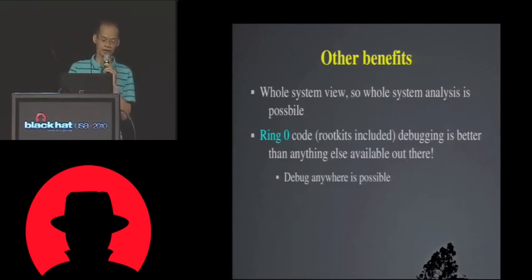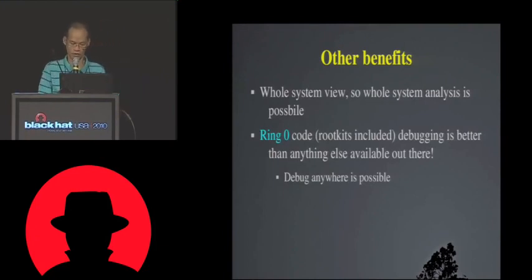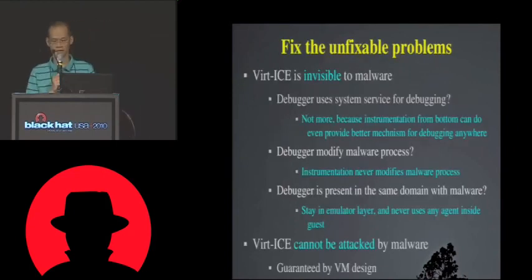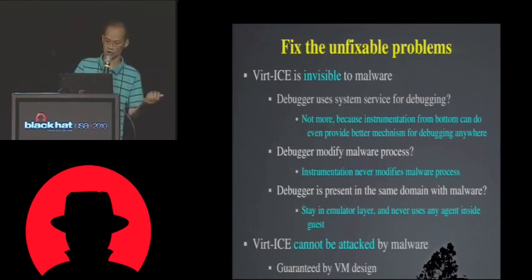A normal debugger can also be used to debug the kernel, but there are some restrictions. For example, there are some places you cannot debug, and some restrictions that you cannot overcome. So this approach helps us fix all the unfixable problems we introduced before.